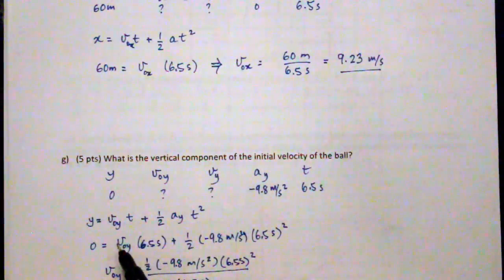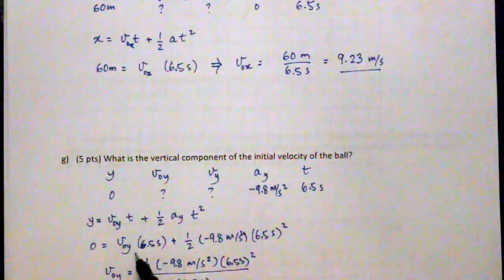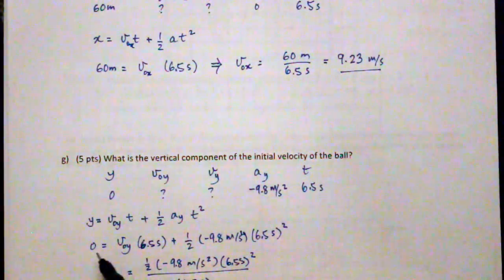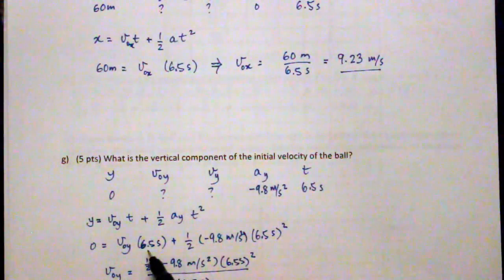Right? Imagine that I moved all of this to this side, so subtracted this from both sides. That means it'll be with a negative sign here, and it'll go away from this side. And then I divide both sides by minus 6.5 seconds. The minus will go with the minus, so that's good.